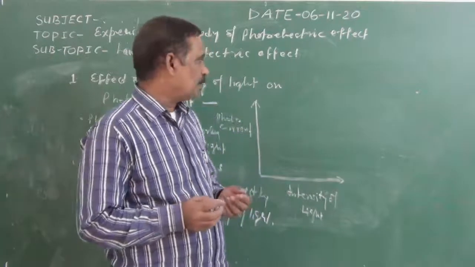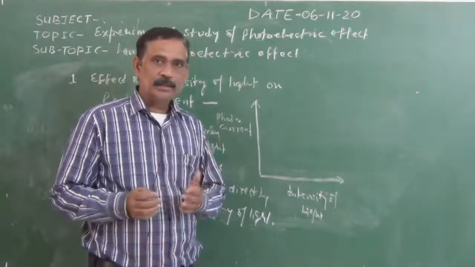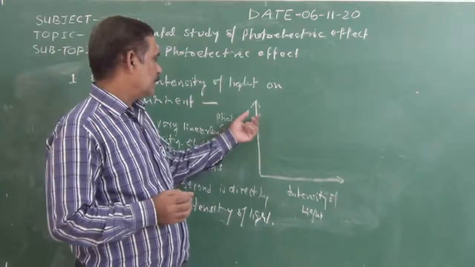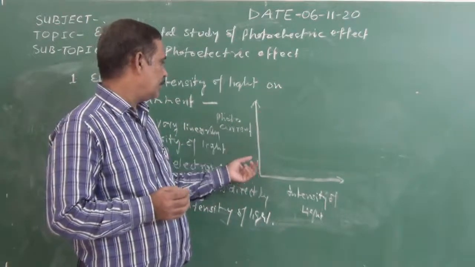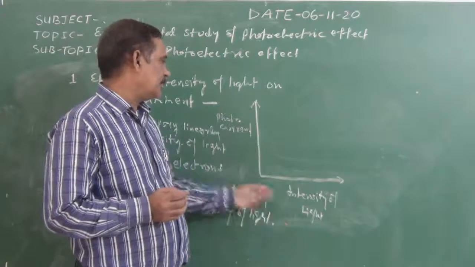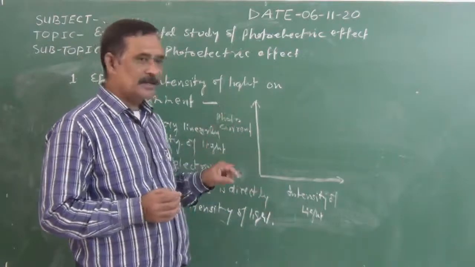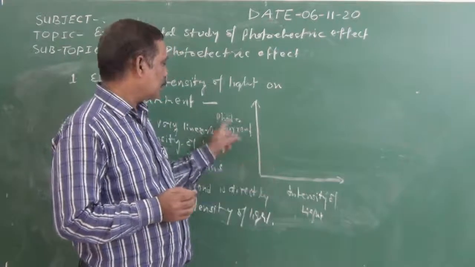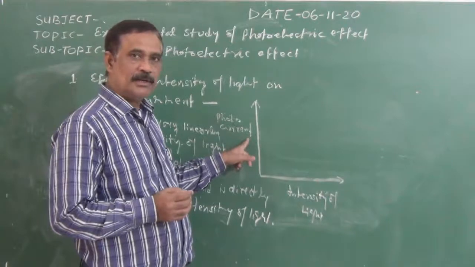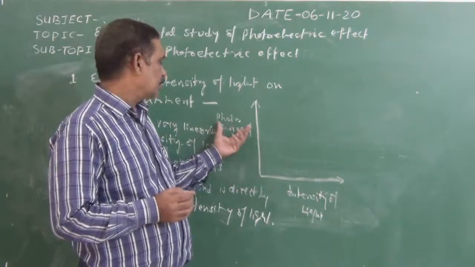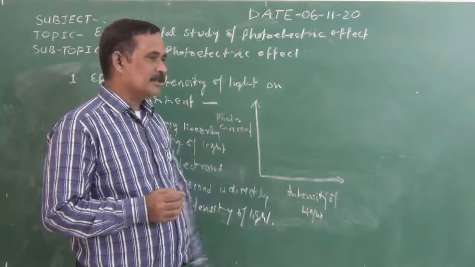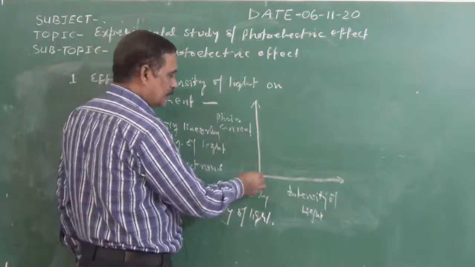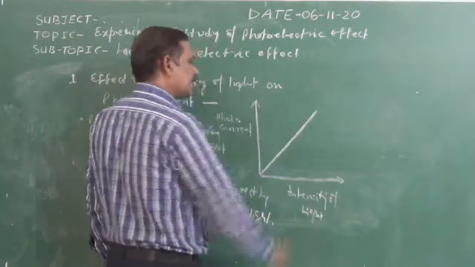So when you plot the graph, the photocurrent depends on the number of electrons, so here we draw the graph between photocurrent and intensity of light. The number of electrons emitted per second is directly proportional to intensity of light, and photocurrent also depends on the number of photoelectrons. So photocurrent is directly proportional to intensity of light. When we plot the graph, the nature of the graph will be a straight line.